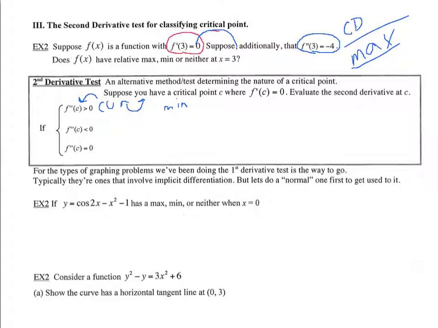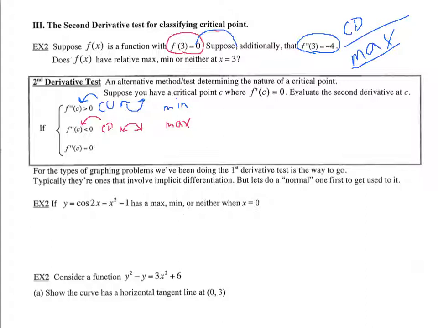If the second derivative is less than 0, that tells us that we are concave down, so it looks like that, which means that we must have a max.